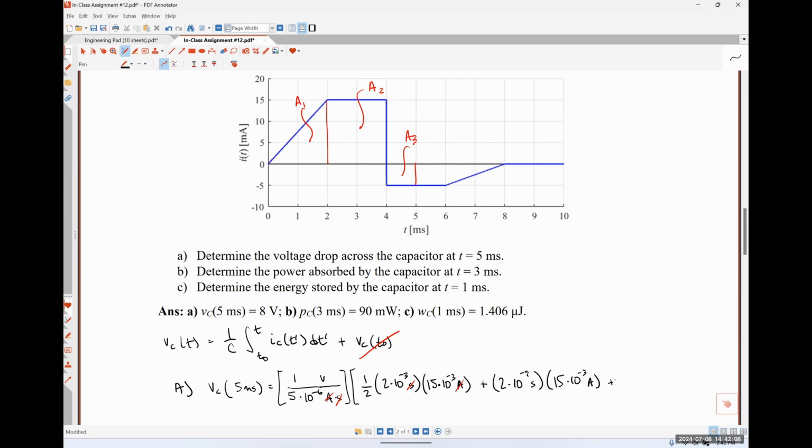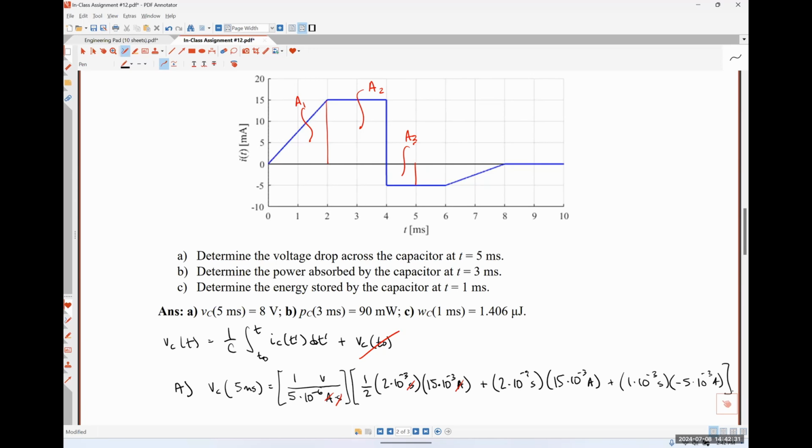For the area A3, because it's a rectangle, it's again base times height. Our base is 1 times 10 to the minus 3 seconds, and our height is -5 times 10 to the minus 3 amps.